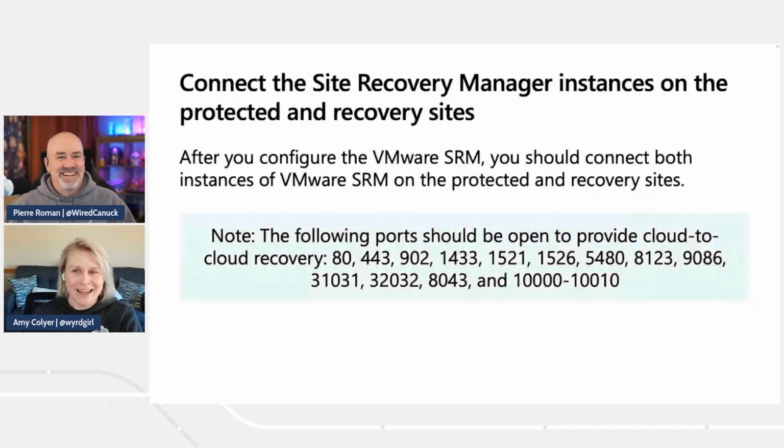So back to the slide. Speaking about ports, you need port 80 and 443 for the SSL connections, 1433 for database, and so forth. So ports and DNS are all very important for site recovery to work.